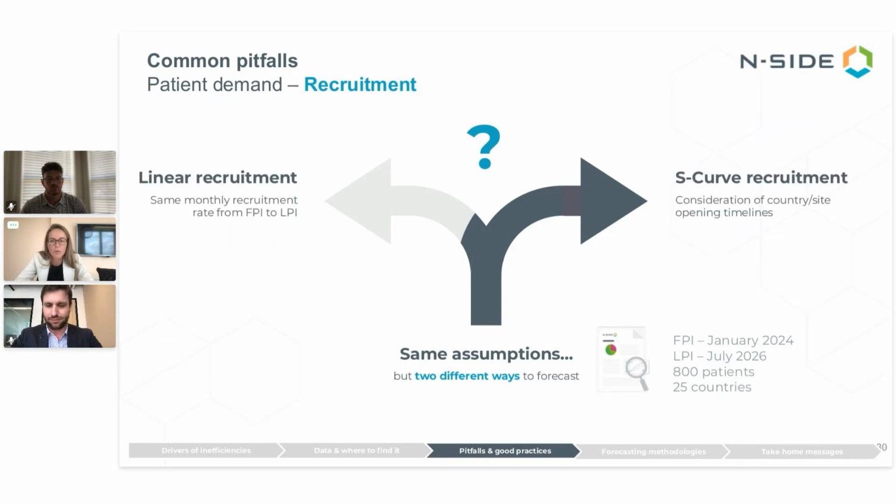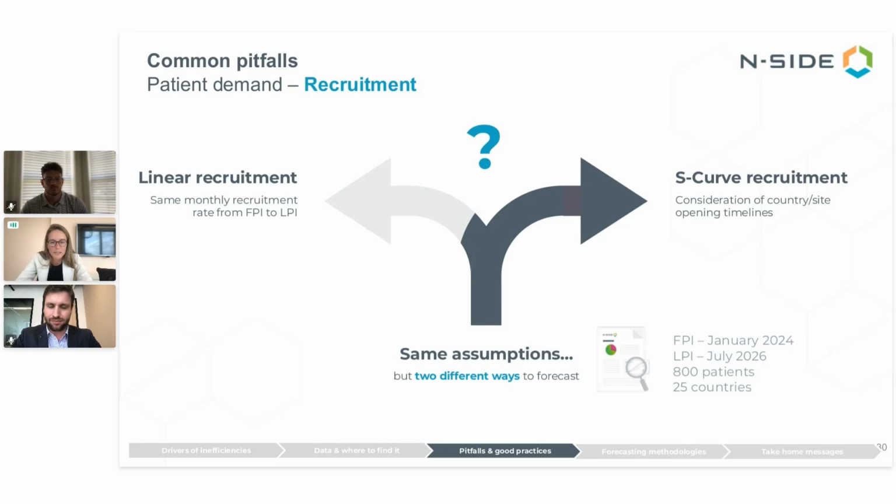Either we go for a linear recruitment, so you probably work with enrollment rates that you will be applying month by month, or you can be a bit more detailed in the way you look at the recruitment forecast and consider that, usually when a study starts, all countries won't start at the same time, and we have different timelines for the site openings. And this will definitely impact the recruitment evolution and the speed of the recruitment.